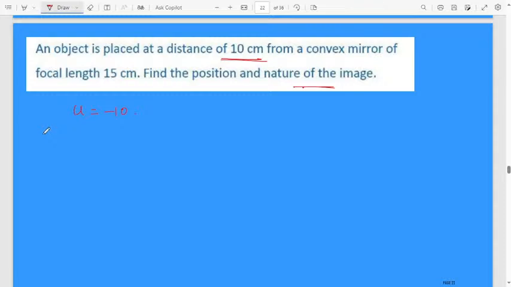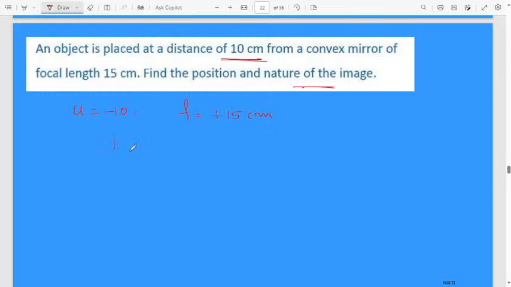Then the focus of a convex mirror is behind the mirror, so f will be plus 15 centimeter. Then find the position and nature of the image.